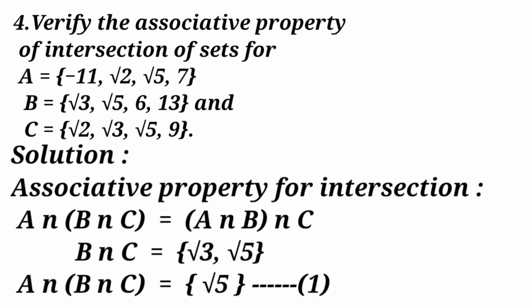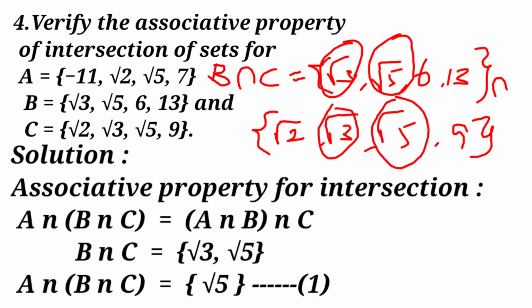We know the associative property for intersection: A intersection (B intersection C) is equal to (A intersection B) intersection C. Left hand side, A intersection (B intersection C).